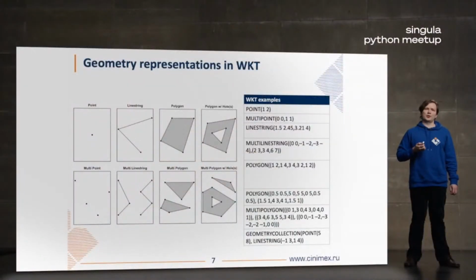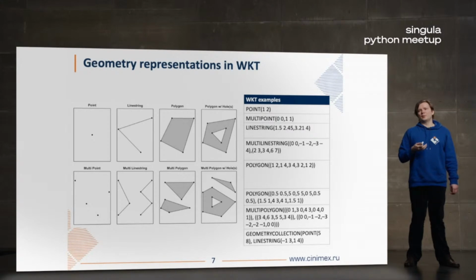How is this data collected and kept? We usually use the well-known text format. What does it mean? Well-known text is a format which describes polygons, points and lines in the form of strings.